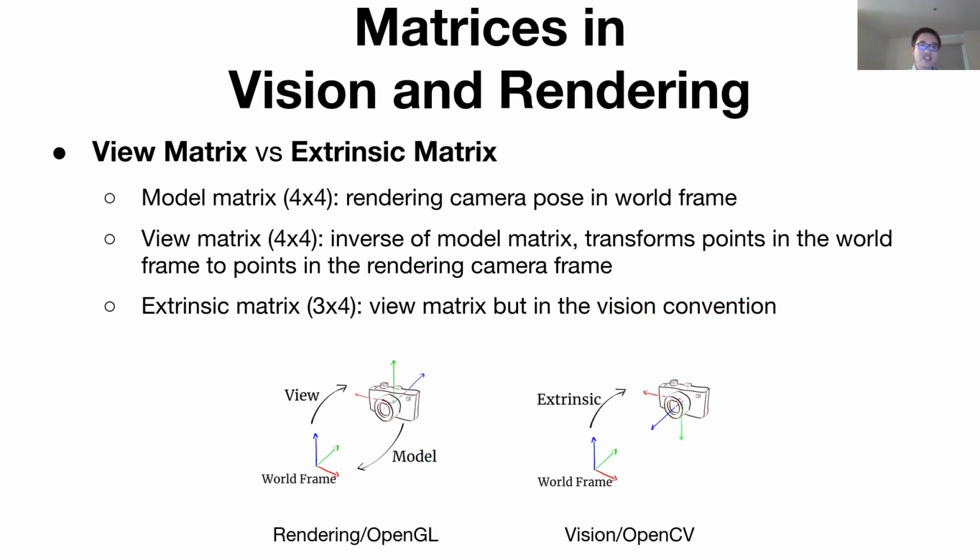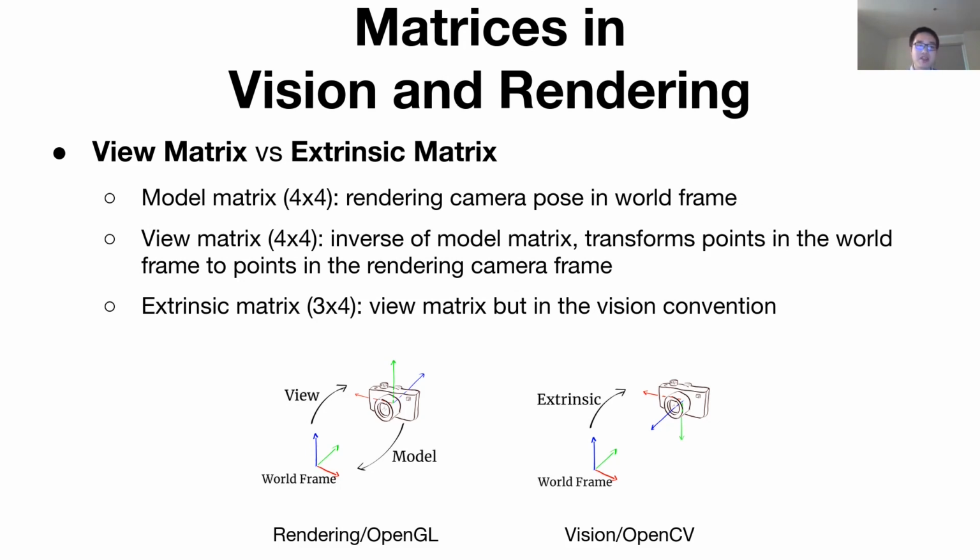Next, let's see the connections between the view matrix and the extrinsic matrix. First, I need to talk about the model matrix, which is in the rendering convention, and it represents the camera pose in the world frame. The view matrix is just the inverse of the model matrix. We can use the view matrix to transform points in the world frame to points in the rendering camera frame.